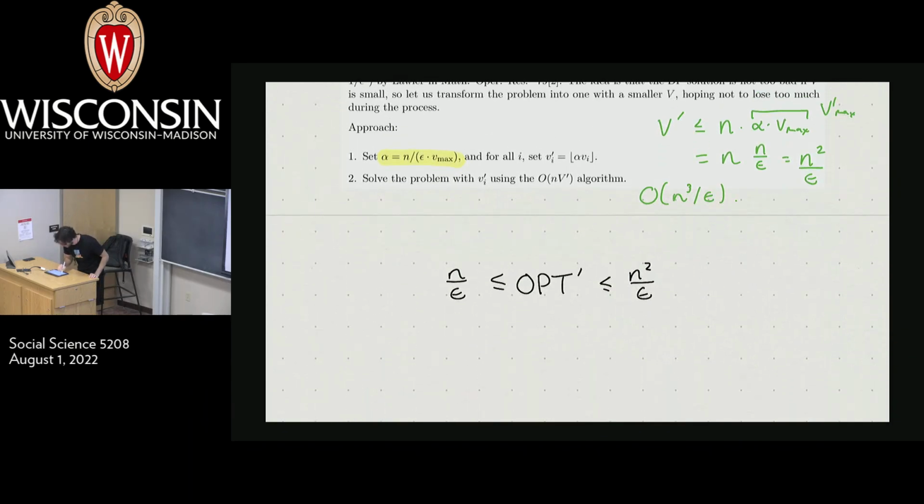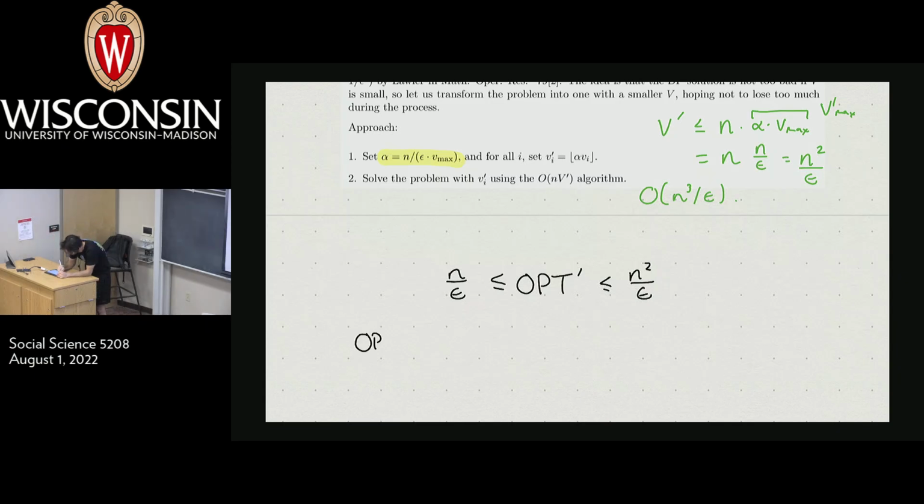And another observation here, notice the optimal for the new instance, the prime instance, is at most n squared over epsilon. And that's just because the maximal value even possible is at most n squared over epsilon, right? We can never do better than taking everything. It's also at least n over epsilon, because any optimal can at least just take the biggest one.